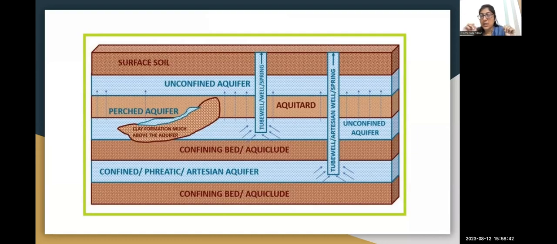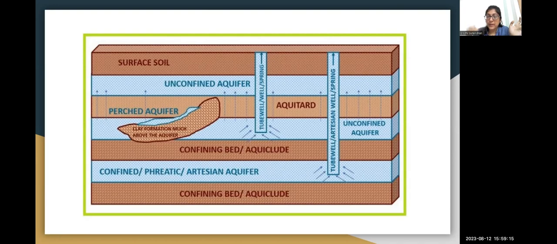There are two types: unconfined aquifer and confined aquifer. Unconfined aquifers have some kind of impermeable formation below them, so water that comes down accumulates over it, and the water table is at the top. The pressure on this water table is atmospheric pressure.